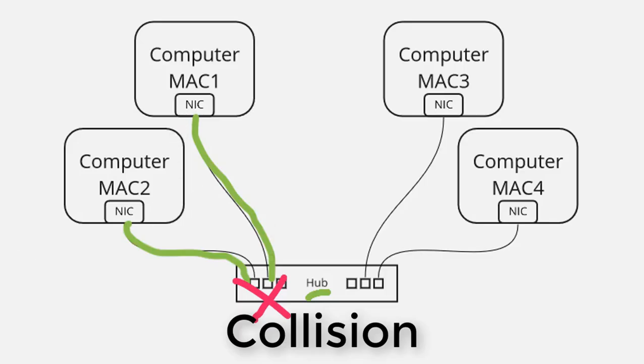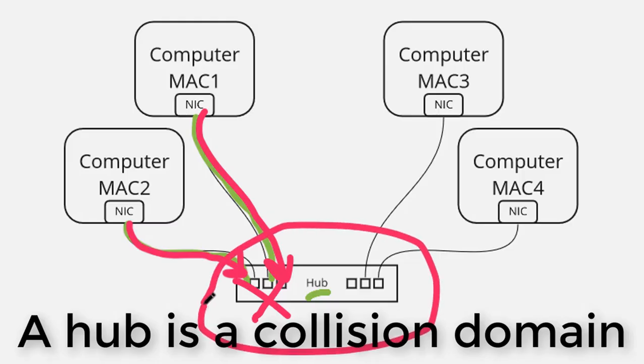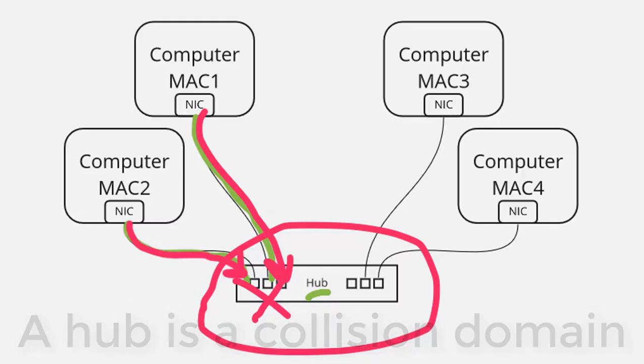Computer 1 and computer 2 will each try to transmit again after a random time period, and hopefully they won't collide again. So one of the problems with hubs is we have these collision domains. The collision domain means that every single device attached to this hub cannot transmit at the same time. They have to take turns.